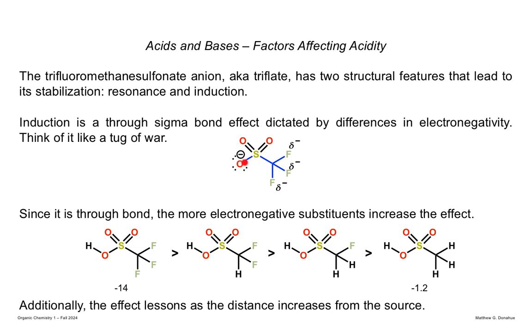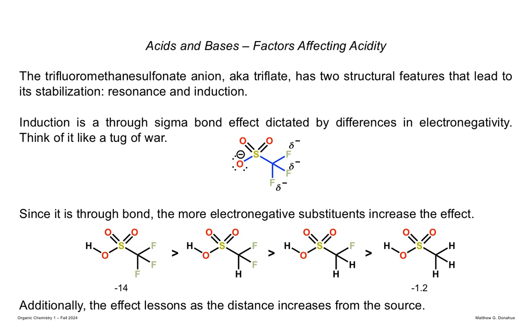Then you see these blue bonds, these sigma bonds leading to the fluorines. We know fluorine is the most electronegative element. So what the fluorines are doing is, through those bonds, they're helping to pull that negative charge away from oxygen as a means to help stabilize it as well.